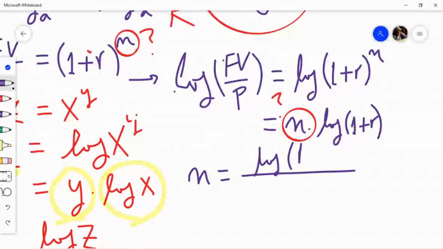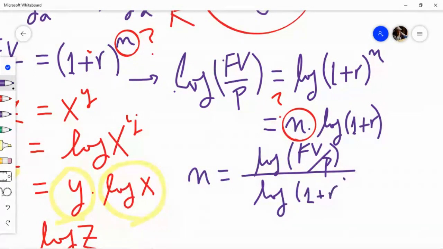So it's going to be log of FV over P, the log over log of 1 plus r. Okay, then we can nail the time, right? We can nail n.